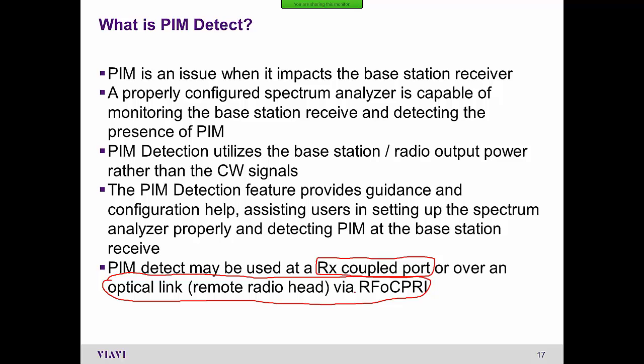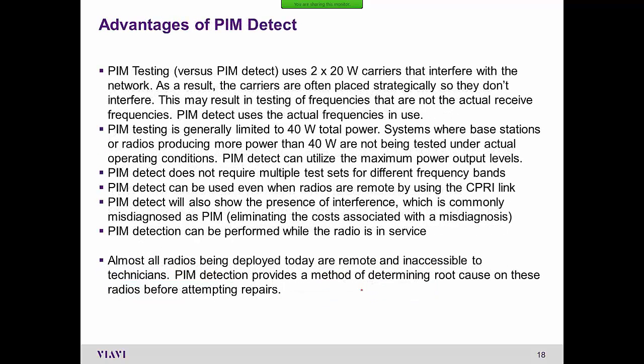Either one of those methods can be used with PIM Detect. And obviously, as everything goes more and more to RF over fiber, it gets a lot more difficult to access radios. PIM Detect is very useful.